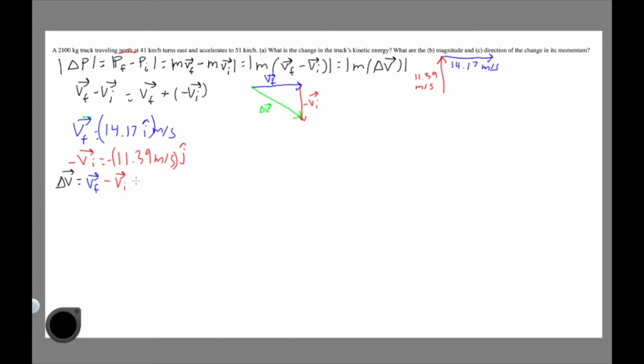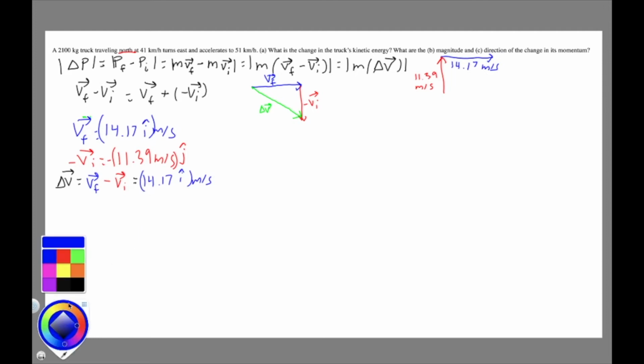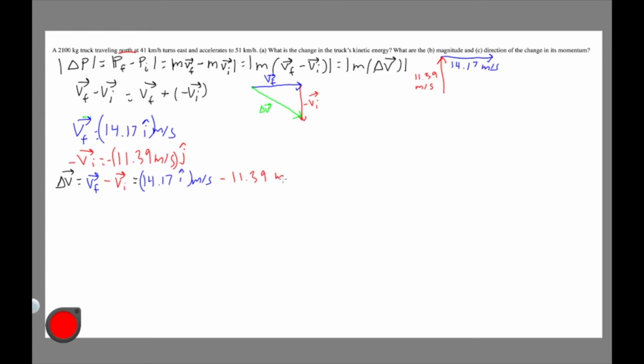So now we know that VF is equal to 14.17 i hat meters per second, and we know that negative VI is equal to negative 11.39 meters per second j hat.